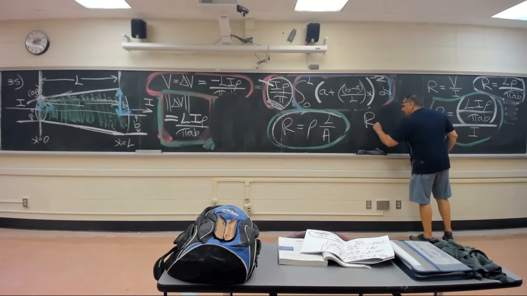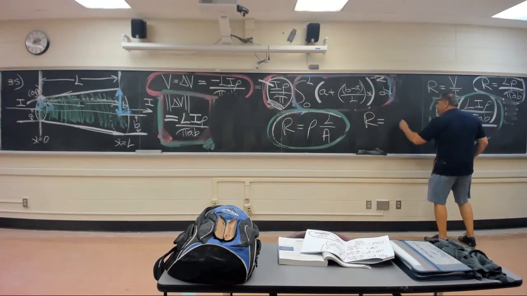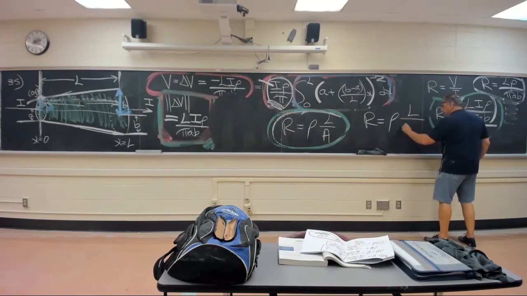You know, you can write it. I'm not going to be petty about it, guys, but let me put a rho right there. Let me put the L right here.